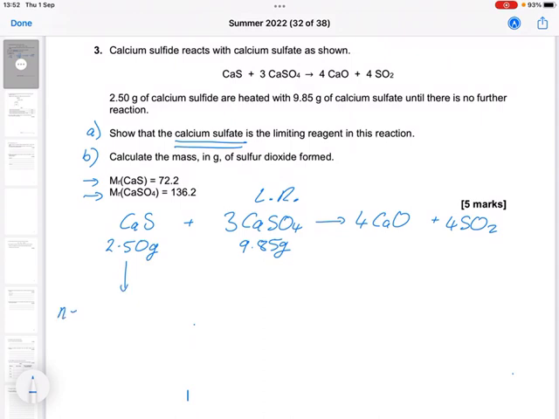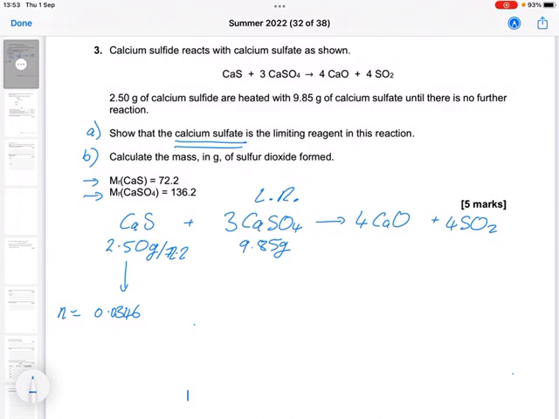So the number of moles of this is 2.5 divided by 72.2, which gives me 0.0346 moles.